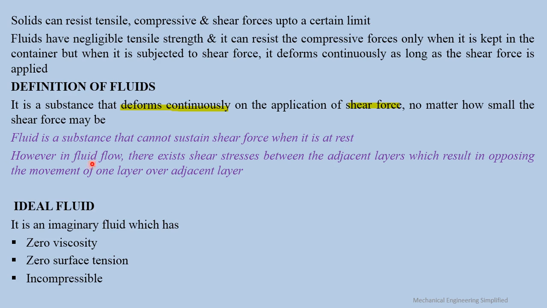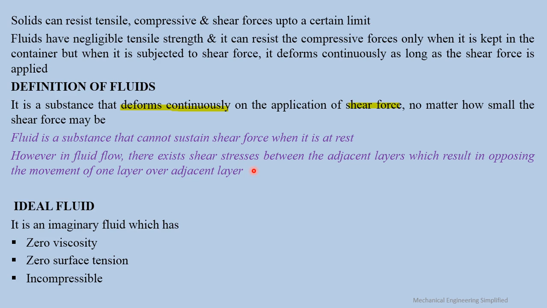However, in case of fluid flow, when the fluid flows, there exist shear stresses between the adjacent layers, which result in opposing the movement of one layer over the adjacent layer. This is nothing but the property of viscosity, which we will talk about in later slides.